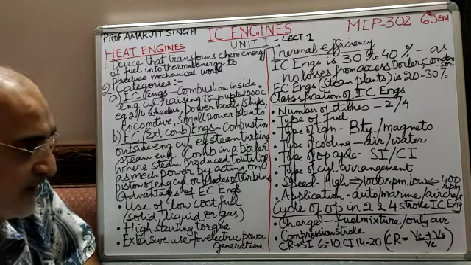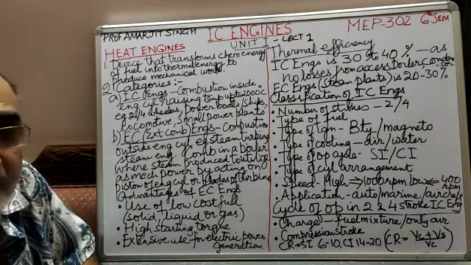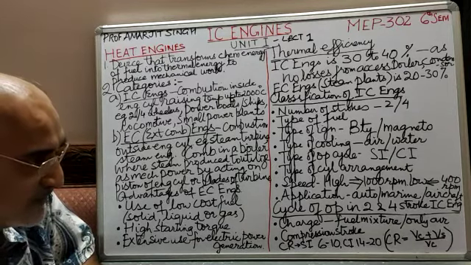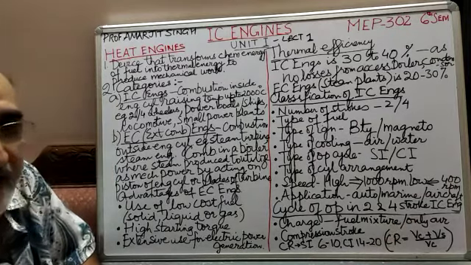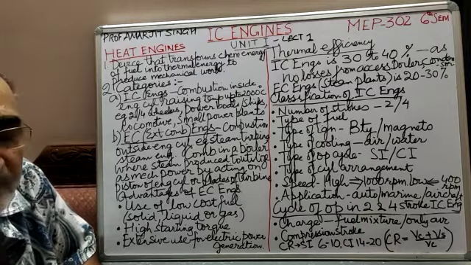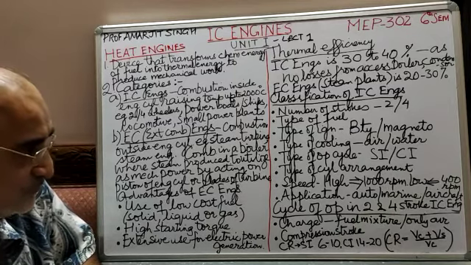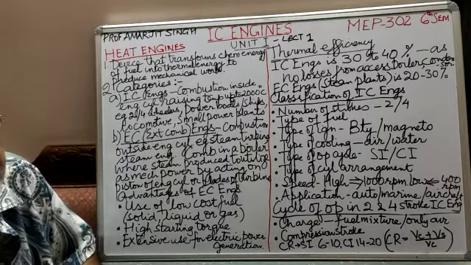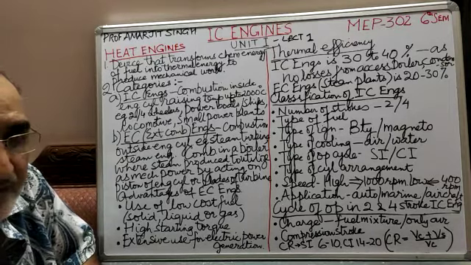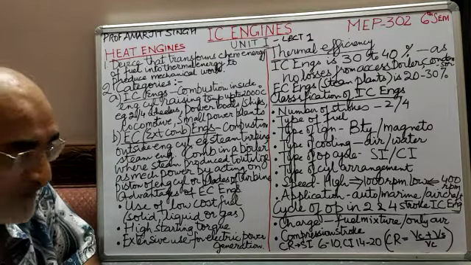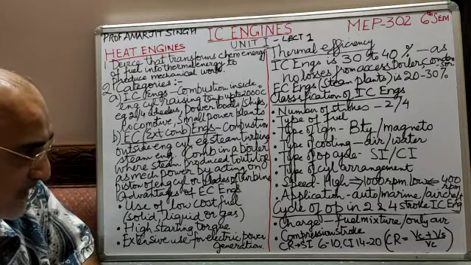Charge means a fuel mixture in the case of petrol IC engines, and only air in the case of a diesel engine. As we know, in a diesel engine, the diesel is vaporized and compressed and self-ignites.